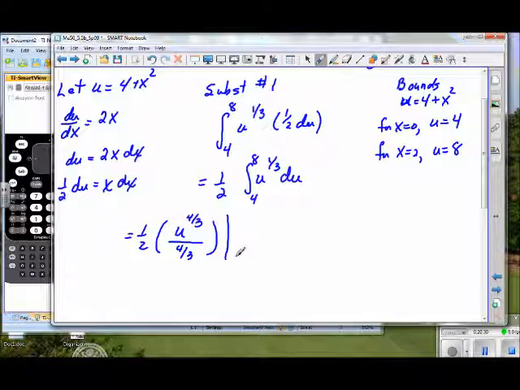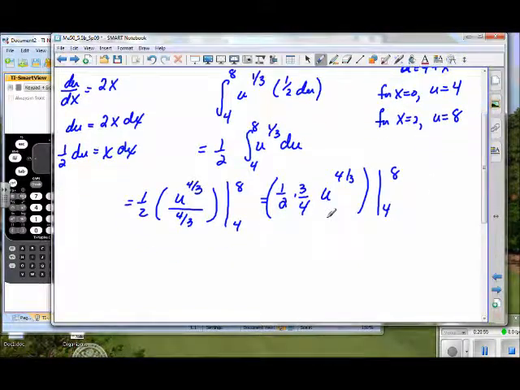We're going to integrate this from, in this case, 4 to 8. Now we know that if we divide by a fraction, it's the same thing as multiplying by the reciprocal. And so we would have 1/2 times 3/4 u to the 4/3 power, integrated from 4 to 8. We can combine this to be 3/8, and we'll do that in the next step.